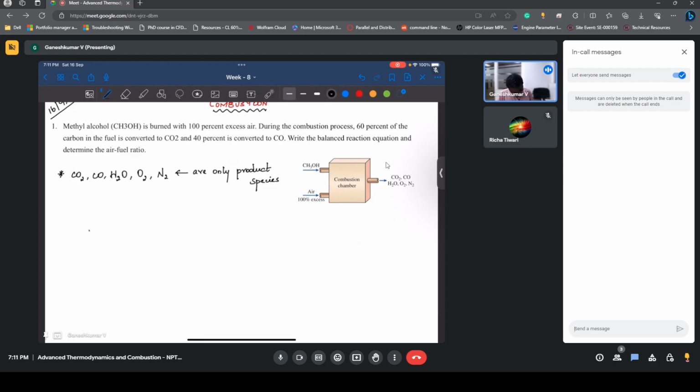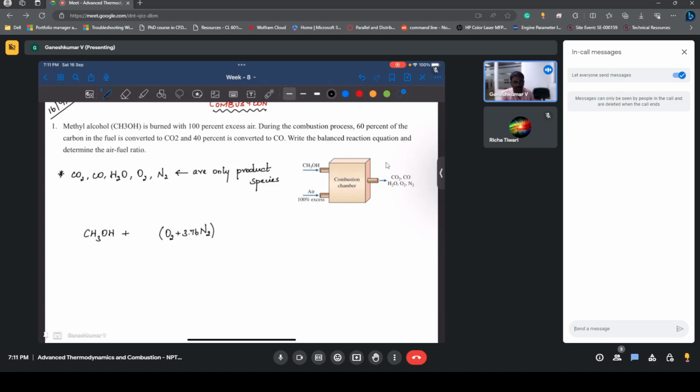So this side is going to be the reactants: CH3OH plus air. Air is basically O2 plus 3.76 N2. Air contains 21% oxygen and 79% nitrogen, by volume or by moles.